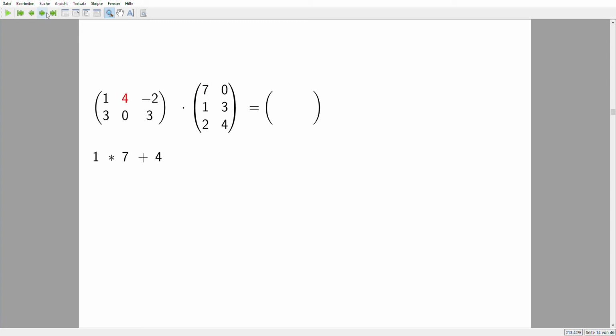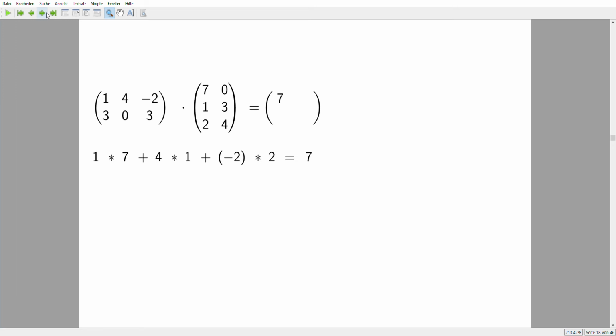Then we add the product of the second element of the first row, first matrix, and the second element of the first column, second matrix. And finally, we add the third element, first row, times the third element, first column, to get the first element in our new matrix, which is 7.